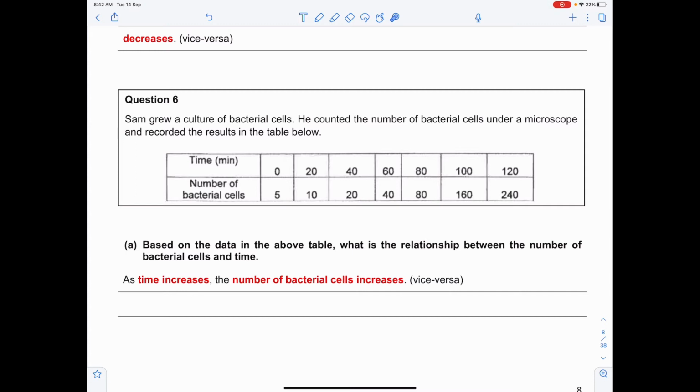So in short, whenever they ask you for a control setup, 'control' stands for CV, change variable. In your control setup, what you need to do is remove the change variable, and that will be your control setup.